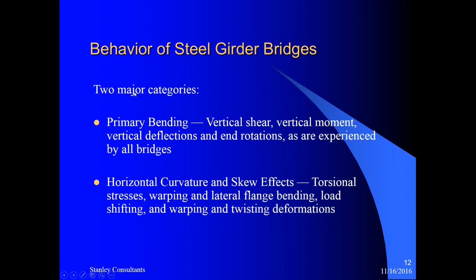Basically, on the behavior of steel girder bridges, there are two major categories of stresses. The primary bending is due to the vertical shear, vertical moment, and vertical deflections as experienced by all bridges.